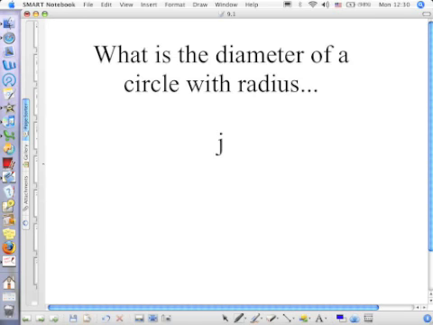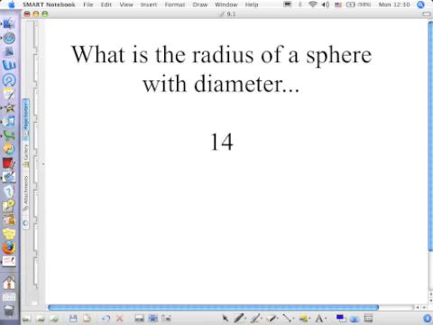J times 2 is 2j. All right, now what if the radius is 7? What is the radius if the diameter is 14? 7. 13? 6.5. 2.3? 2.8? 3 in.